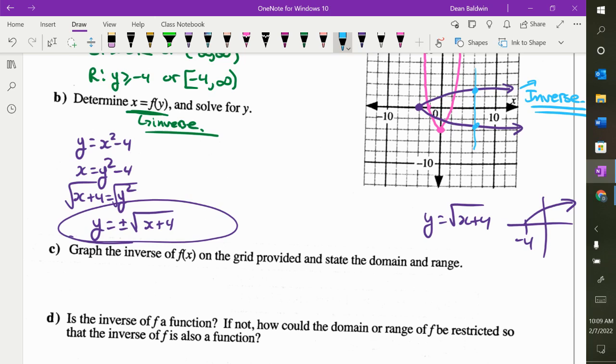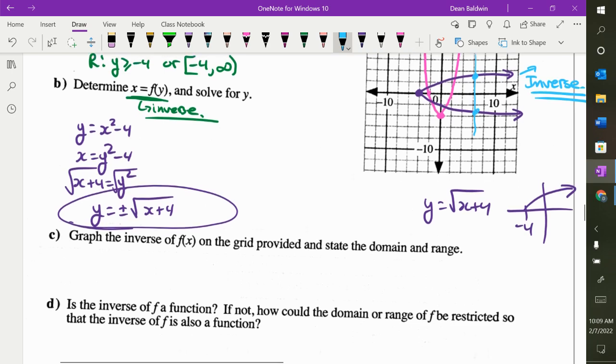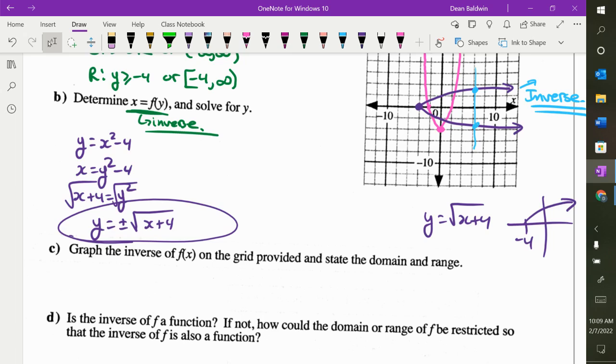We're almost done. Okay. Domain and range of the purple graph, please. What's the domain of the purple? The x values.